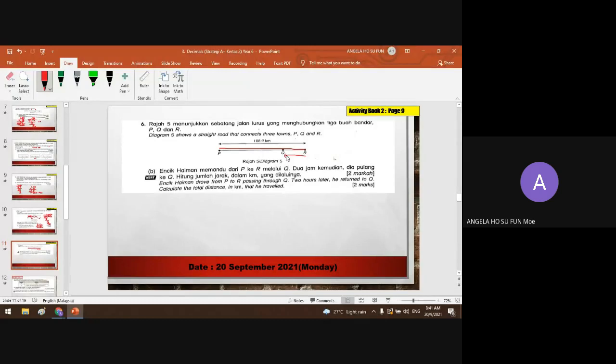Maybe Q is the kampung, the final destination. He returned to Q. Calculate the total distance that he travels.